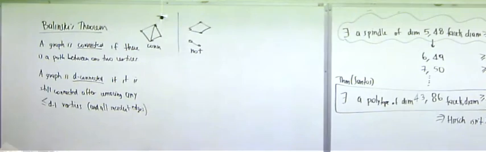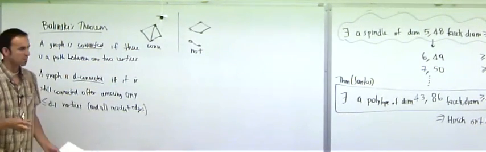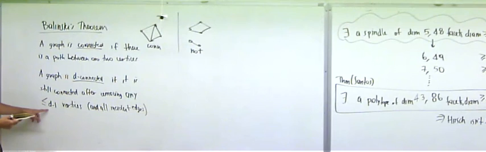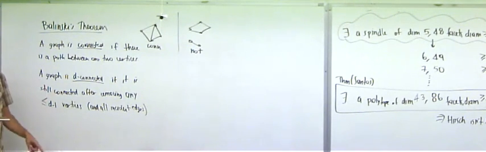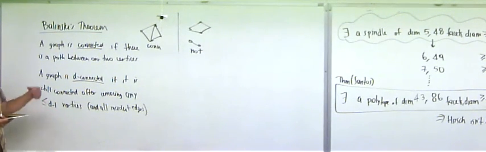So, for example, how connected is this graph that I drew here? Connected is the same thing as one connected, because one connected means that you remove zero vertices and you're still connected. Now, is this two connected?